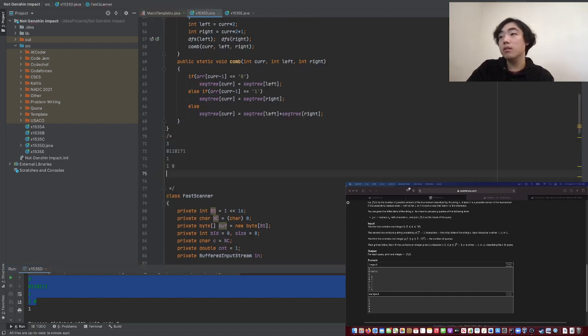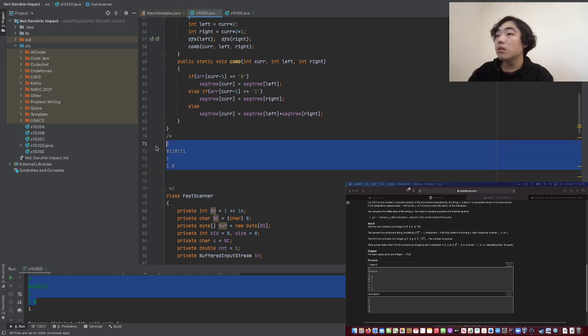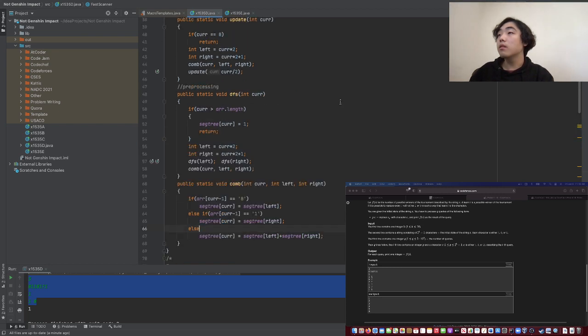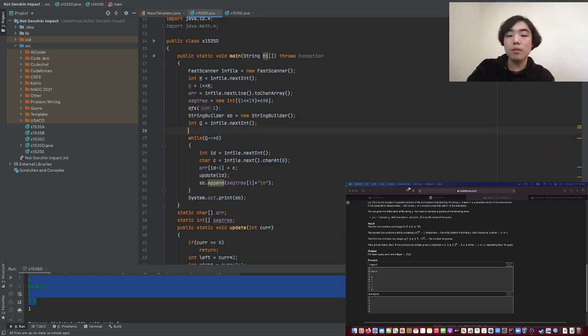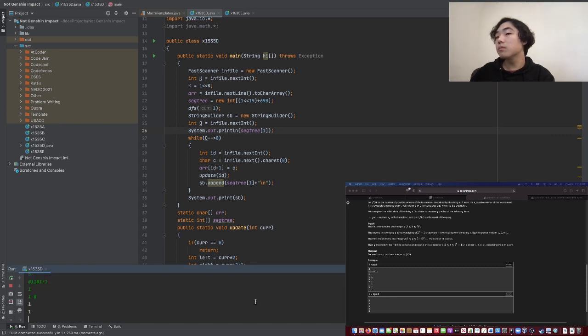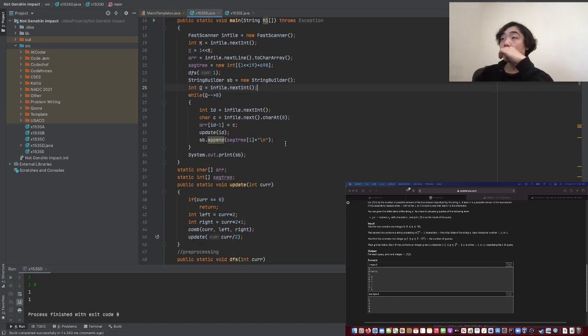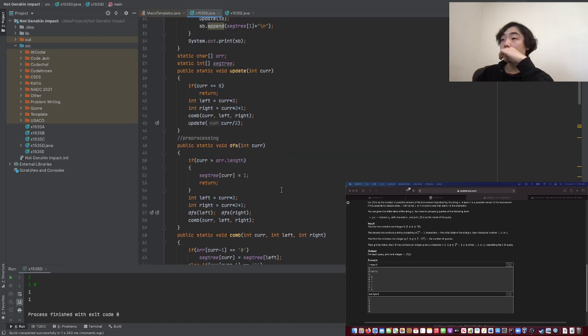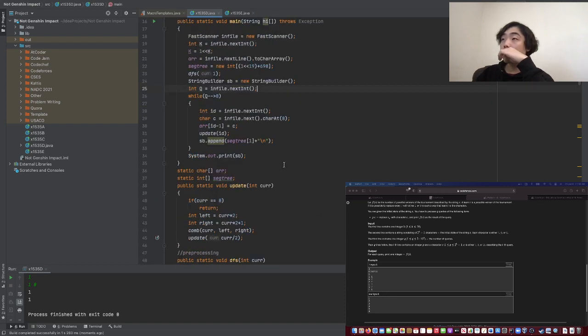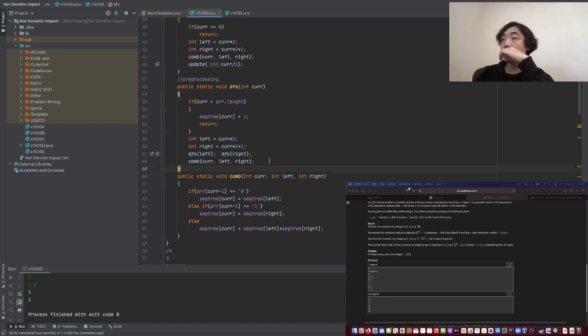Okay, this is a good sample to play around with, I guess. Let me print before any of these queries happen. Okay, it's just breaking from the start.